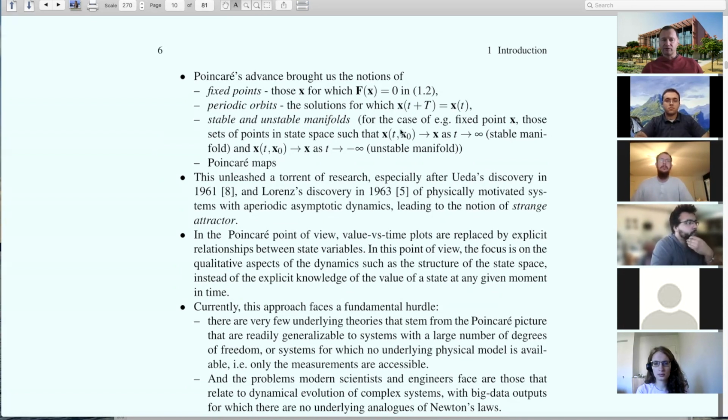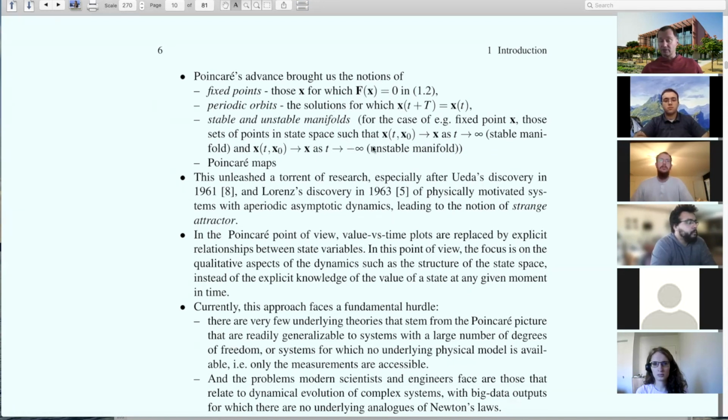So stable manifolds are sets of points such that, starting from any such point, when time goes to infinity, the solution of my ordinary differential equation goes to x, being the fixed point in this example. As time goes to infinity, that'll be a stable manifold. And then if you ask for convergence when time goes to minus infinity, you get the idea of the unstable manifold.